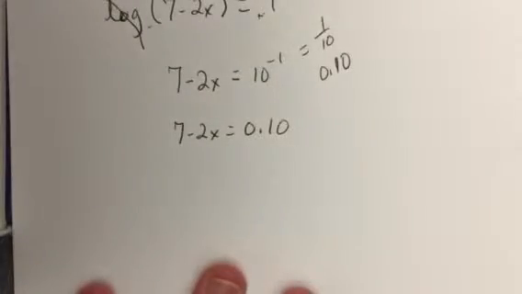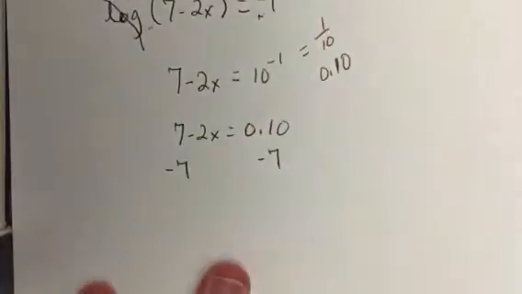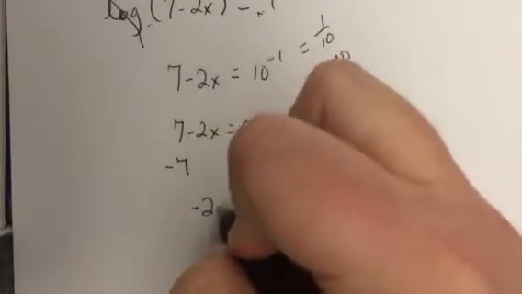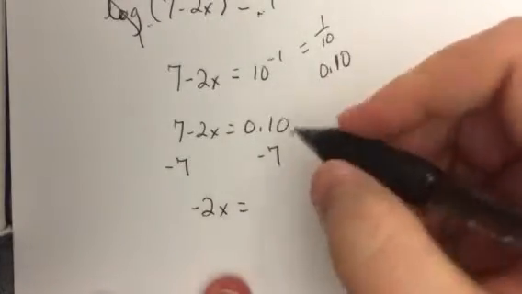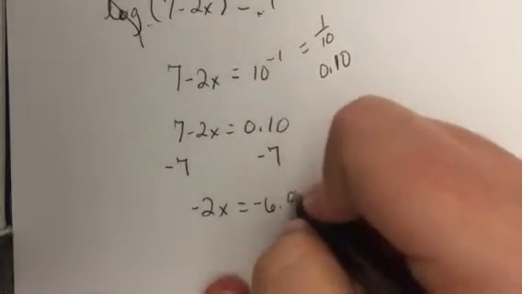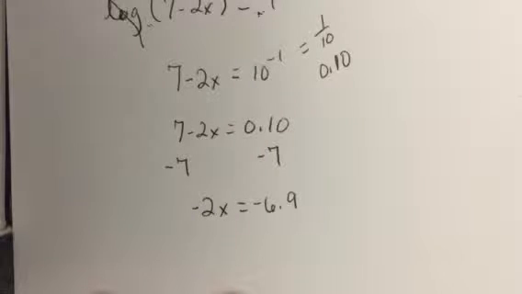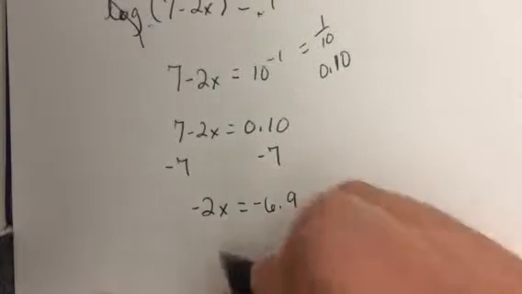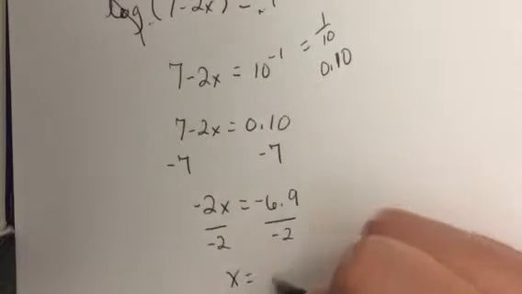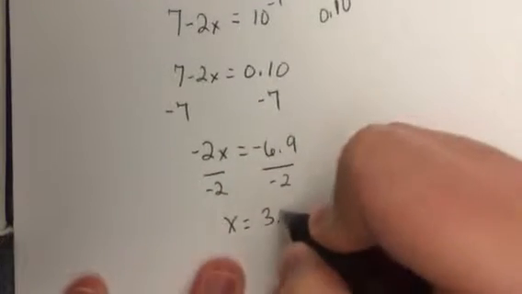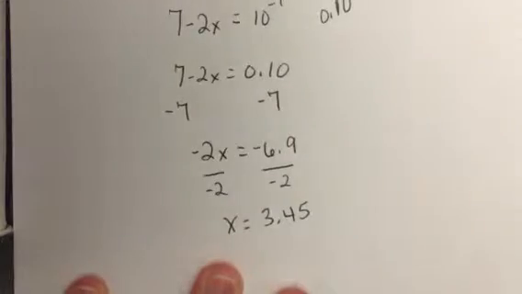Now, again, solve this like you would any other equation. We're going to subtract 7 from both sides, and that should leave me with -6.9. Hopefully I did my math correctly there. Then I'm going to divide by -2, and x is going to give me 3.45.